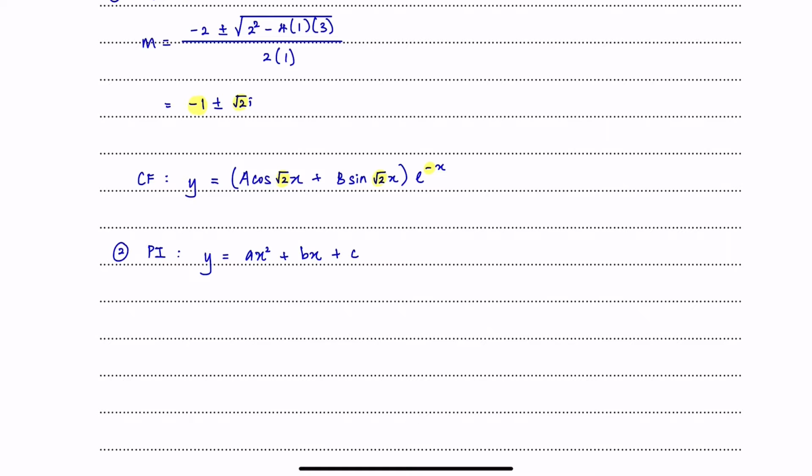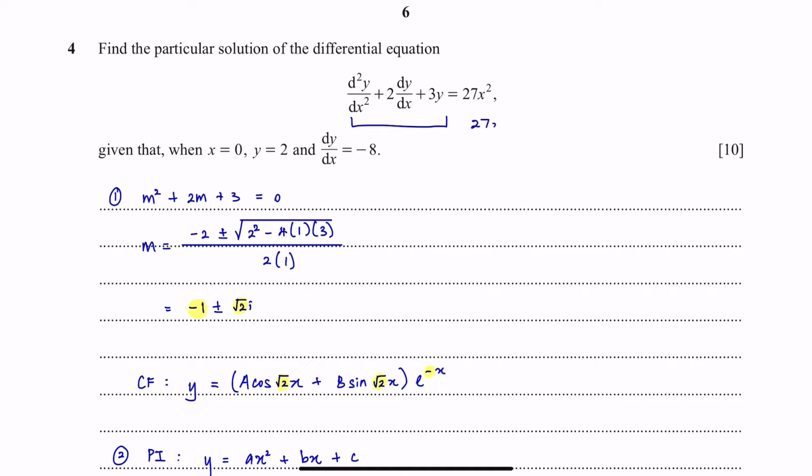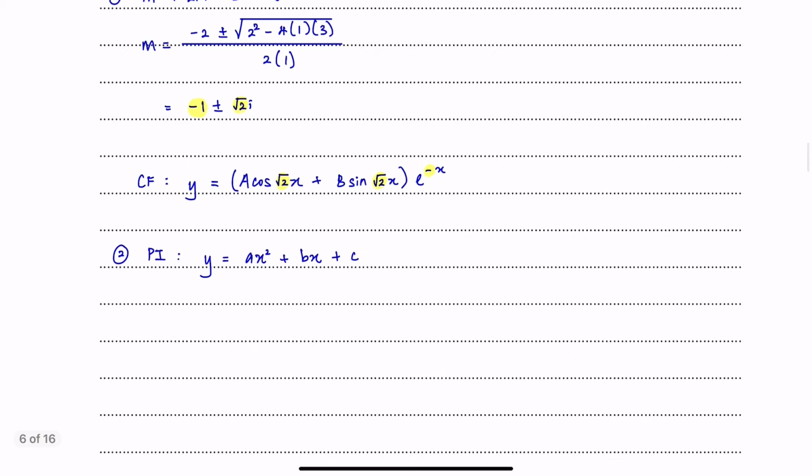So the highest degree of x is also 2. If this is 27x cubed, then we will write it as ax cubed plus bx squared plus cx plus d.